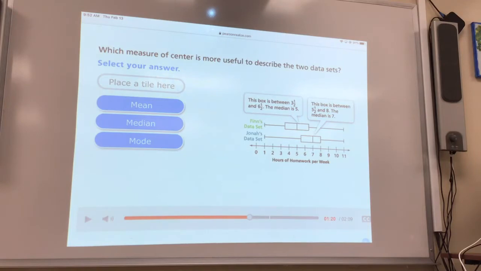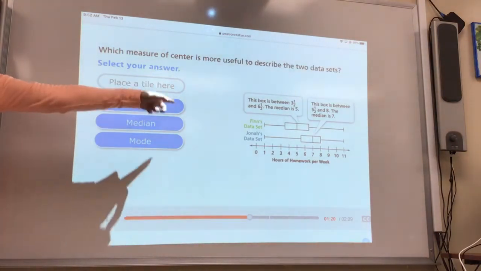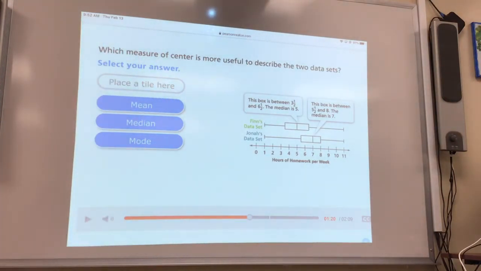My question again was, if you have a box plot, which of these is even on that? Because only one of them can you find from a box plot. Mean, median, or mode. Which one is on a box plot? Landon? Median. That's the only one that's on a box plot. So it's the only one that I could use to compare the two data sets. Median.